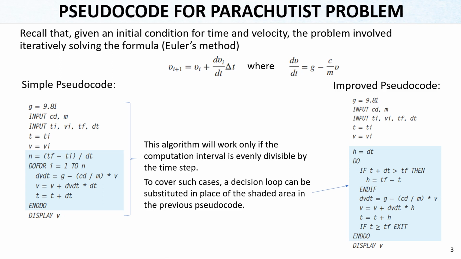And here we have dv dt times h, because we defined h. So with this h value, it will be easy to solve the problem of not being evenly divisible, if there is no evenly divisible n or dt value.